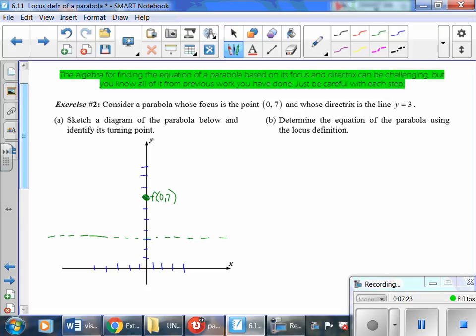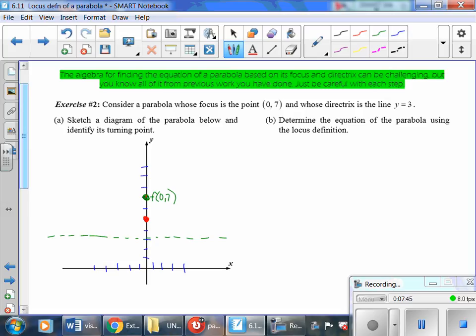What's our turning point? Well, I'll tell you this, that with the focus being on the top and the directrix being on the bottom, the parabola will never cross the directrix. All right, it wraps around the focus. So I know this particular one is going to open up. And I know the vertex has to be halfway between the directrix and the focus.